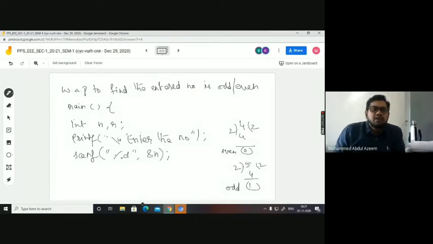Now you will be dividing n with 2, and then the remainder, after having been obtained, has to be checked, right? So n mod 2. You are saying r equal to n mod 2. It means n will be divided with 2 and the remainder will be available in r. So this r value has to be checked, okay?